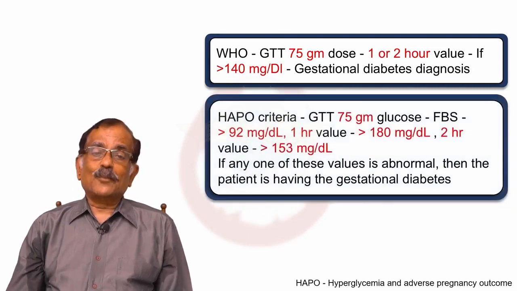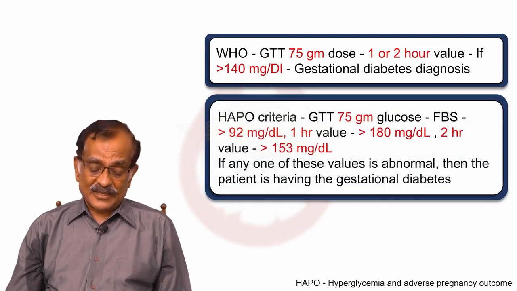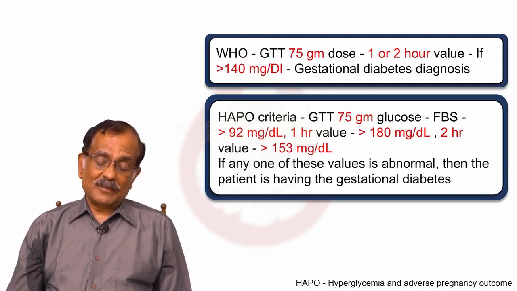Then if it is the HAPO criteria, you do a 75 gram glucose, fasting sugar more than 92 milligram, or 1 hour value more than 180 milligram, or 2 hour value more than 153 milligram. If any one of these values is abnormal, then the patient is having gestational diabetes.